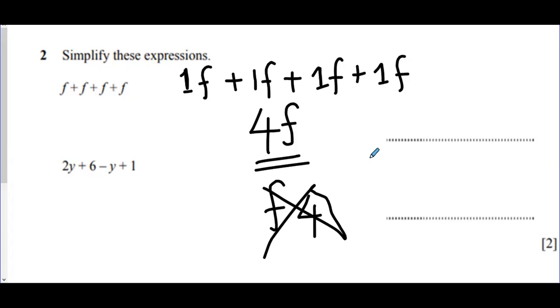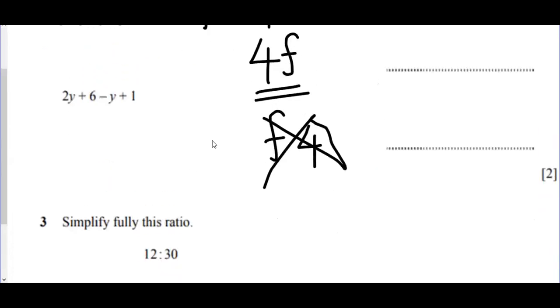The next question here is 2y plus 6, then minus y plus 1. So what do we do over there? You just collect like terms. This one here is 2y plus 6 minus y plus 1.